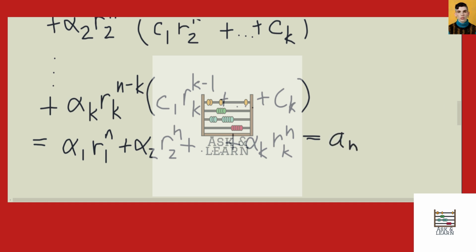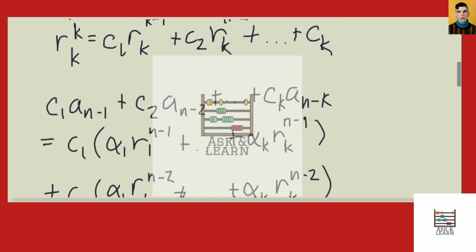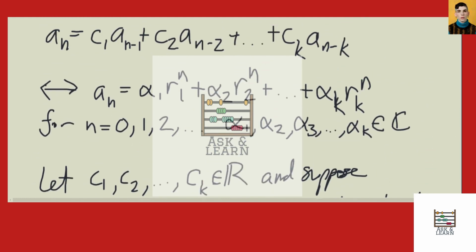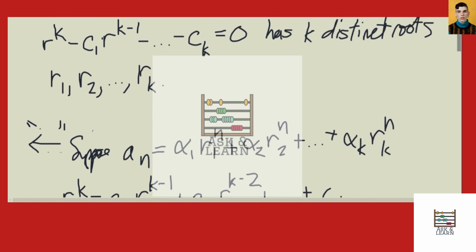And so we've shown that an satisfies the recurrence relation. So an is a solution. So we've proven the direction from left to right, or right to left, I mean.